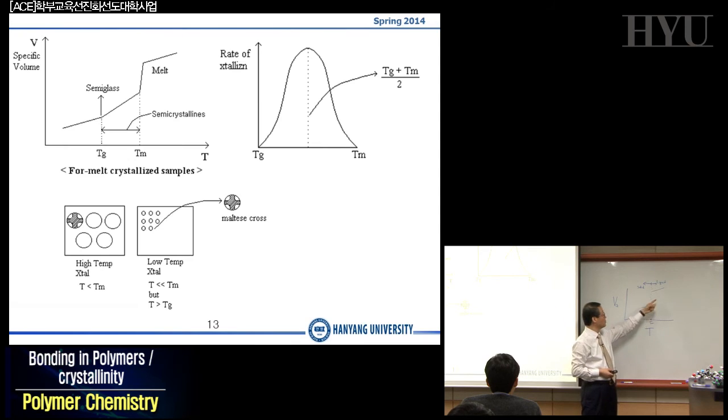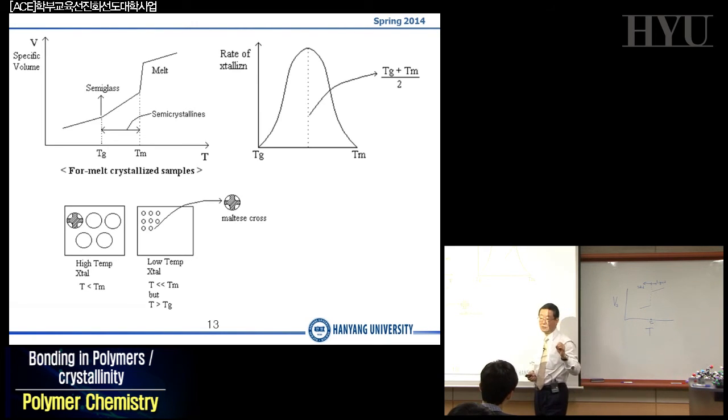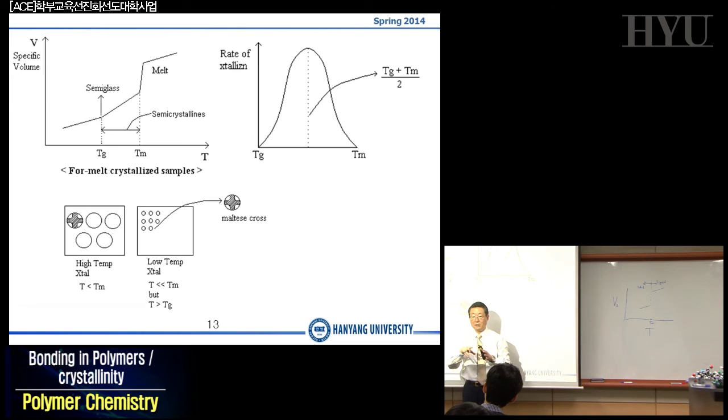Because it's in the reverse direction. You start to form the crystals. If it's very rapid, you start to form small crystals. Small crystals are present if it's very rapid.